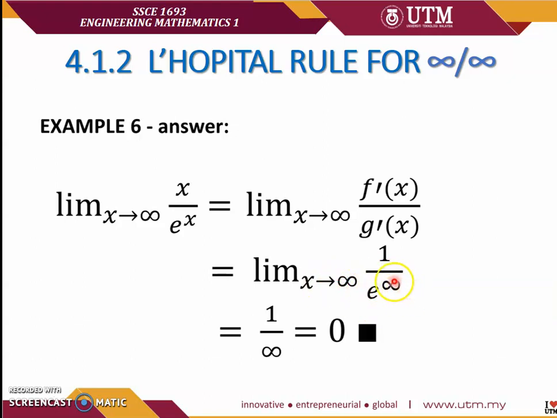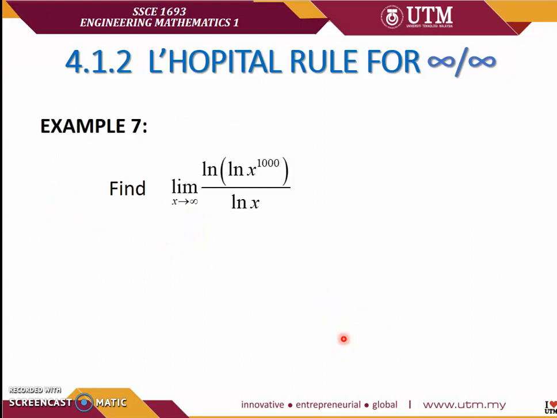Then we substitute the infinity, so we will have 1 over e^infinity, which is equal to 1 over infinity. Therefore, it is 0. So the new answer for the limit of x over e^x is 0. Okay, now we look at the next example.